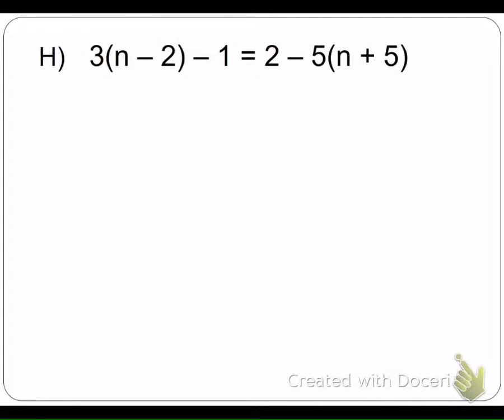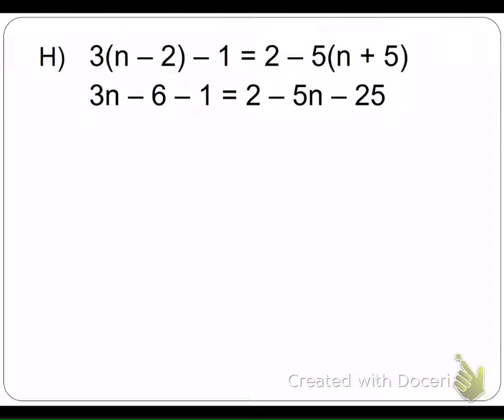So we have 3 times n, 3 times a -2, then a -1, then it equals, and then distribute that negative. So -5 times n is -5n. -5 times +5 is -25. A lot of students, I would see they just kind of drop the negative, so this term would be fine. It's this guy where they mess it up, so be careful.